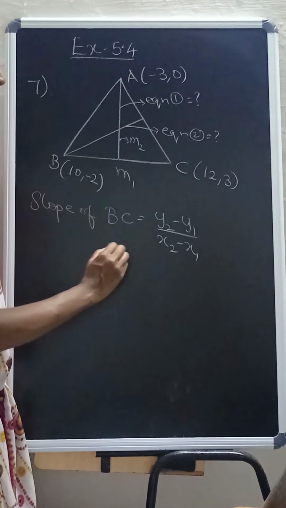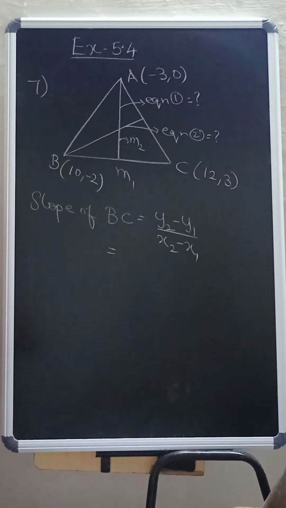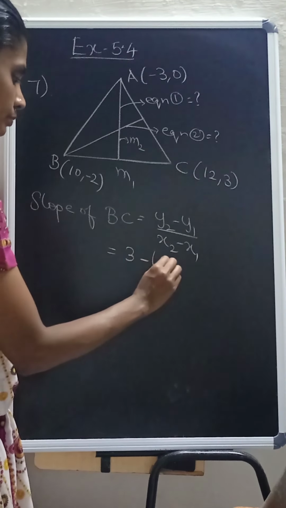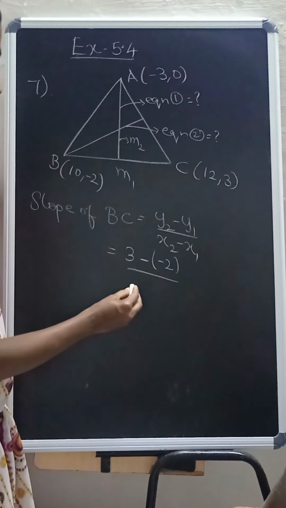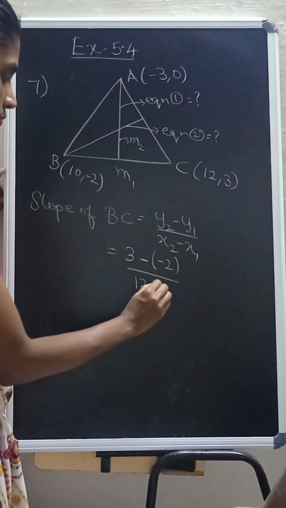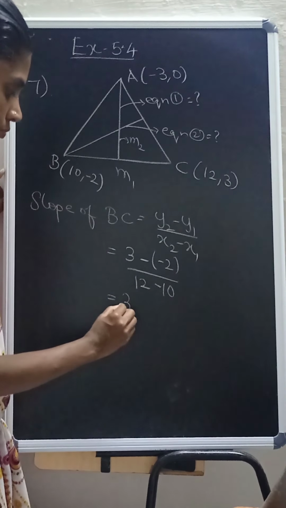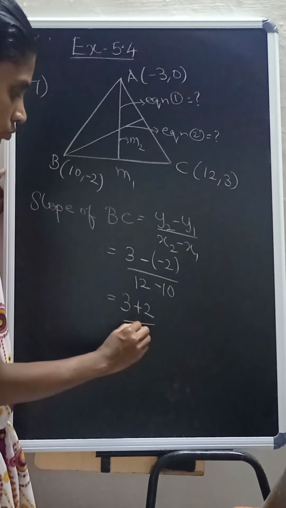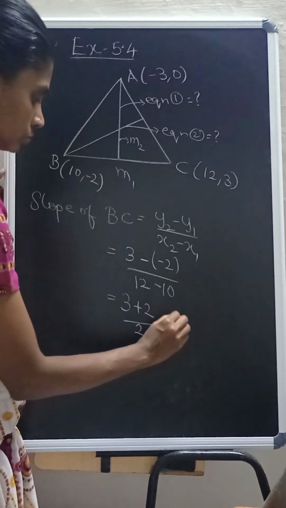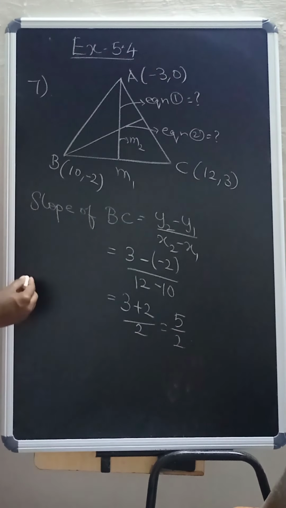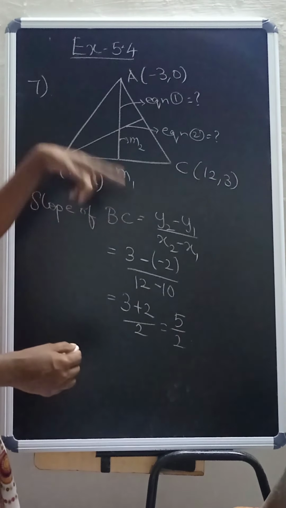So slope and 2 points are given, y2 minus y1 by x2 minus x1. Now we have found slope of BC.